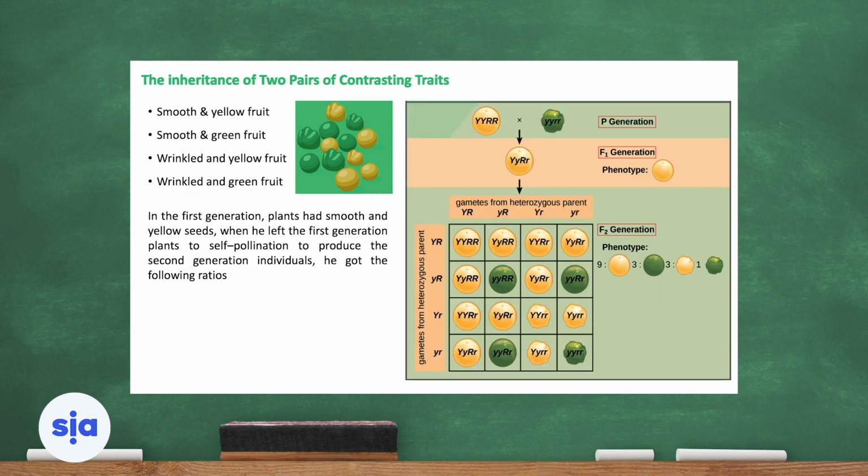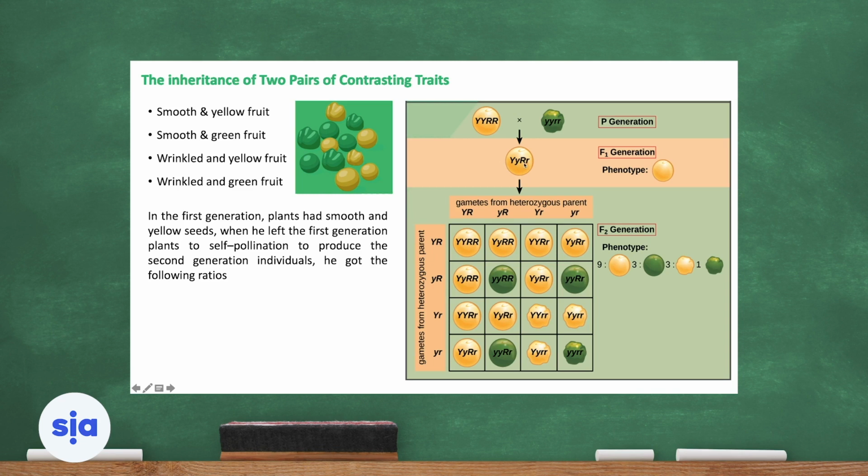So let's see this picture: smooth, rounded, and yellow; here, green and wrinkled. The first generation will all have yellow and round, smooth. Why? Because they are the dominant traits, the stronger.